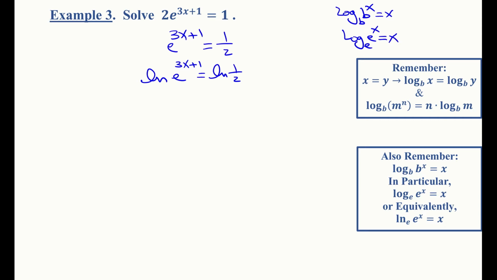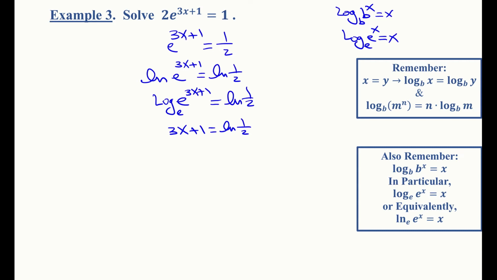So, of course, when you write ln of e to the 3x plus 1, that is log base e of e to the 3x plus 1. So notice this side is just going to give you 3x plus 1. So you get 3x plus 1 equals ln of 1/2.